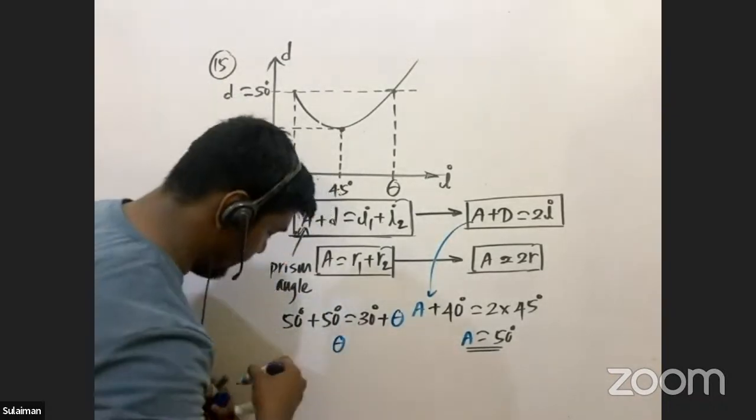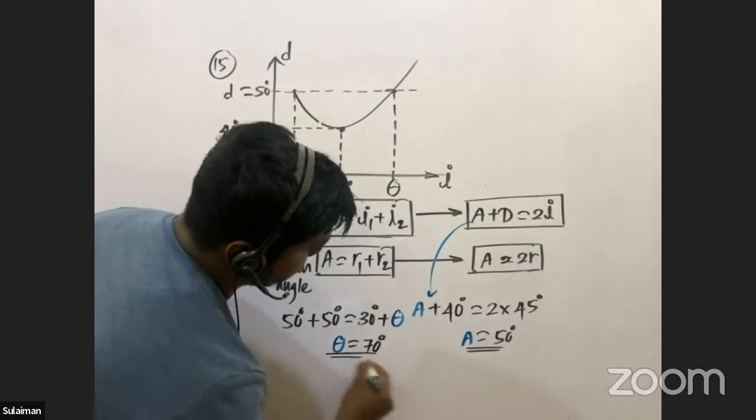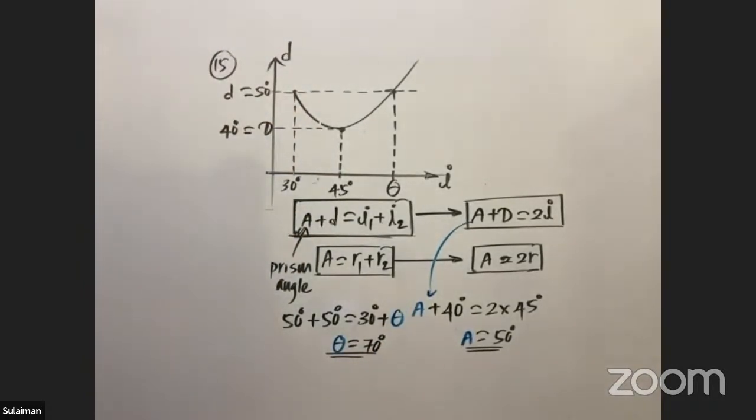Your answer is theta equals 70. Hands up who understood what I explained up to now. Okay, now time is 7:56. We'll take a 10-minute break. Come back exactly at 8:05.